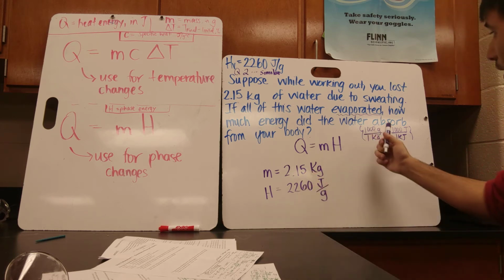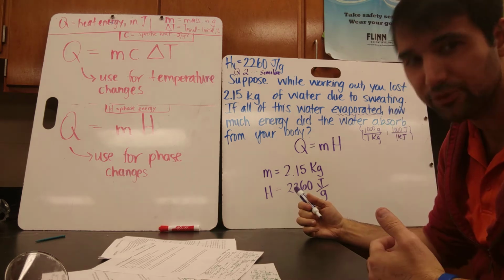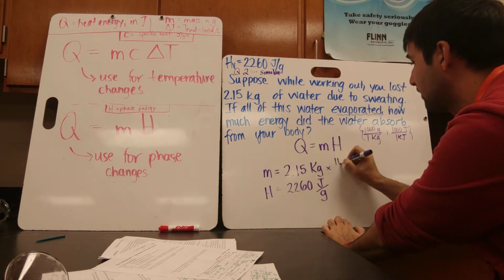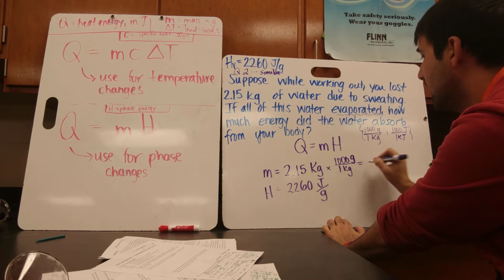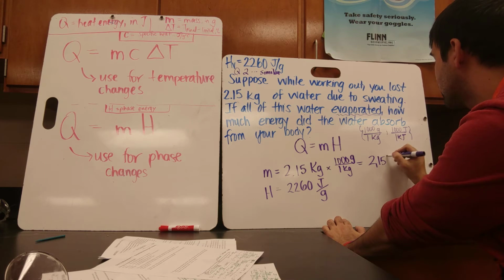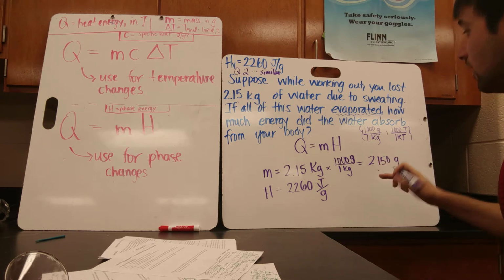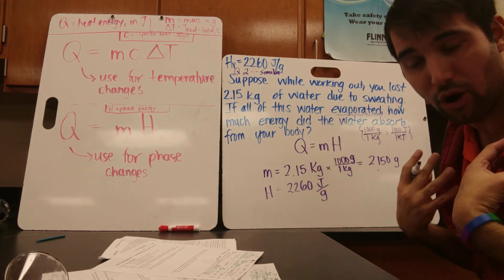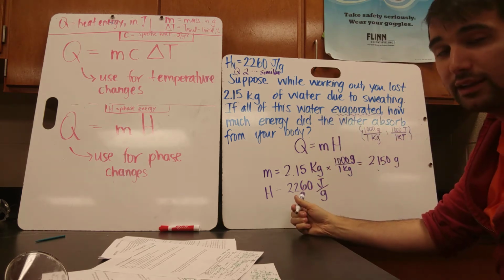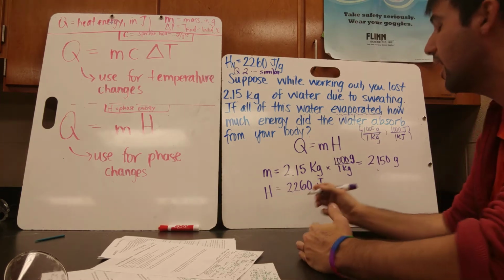Well, if there are 1,000 grams in 1 kilogram, I'm going to multiply 2.15 by 1,000 grams over 1 kilogram, and that's going to be equal to 2,150 grams. So now I have 2,150 grams of water, and all of that water evaporated off of our body, and I need 2,260 joules for every gram of water that evaporated.